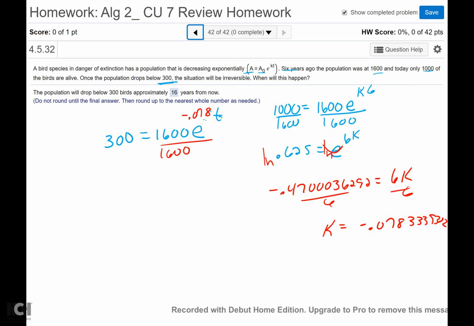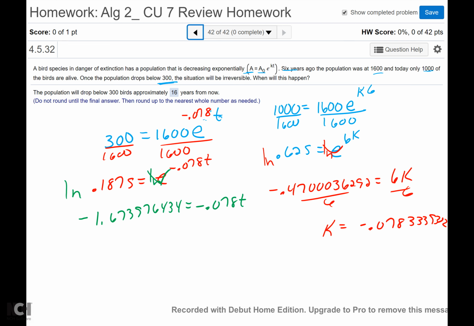So divide by 1,600. 300 divided by 1,600. I get 0.1875 equals e to the negative 0.078t. So now I'm going to ln both sides. And if I take the natural log of 0.1875, I get negative 1.6739766434 equals negative 0.078t, because those cancel.